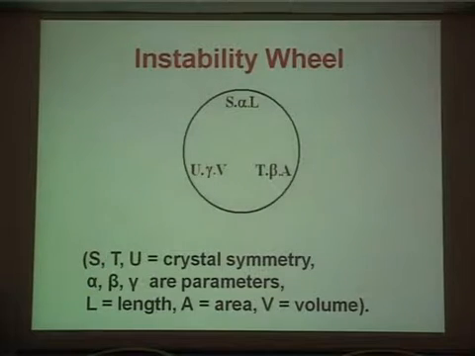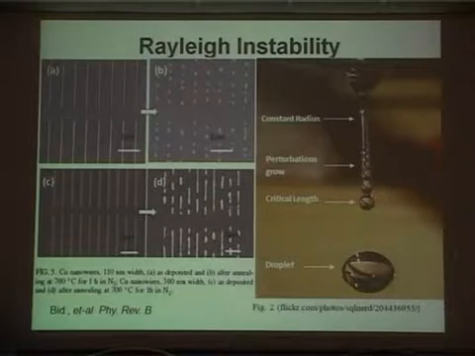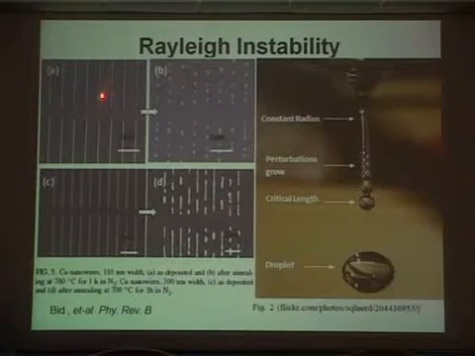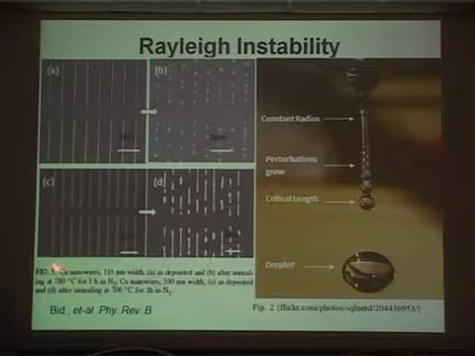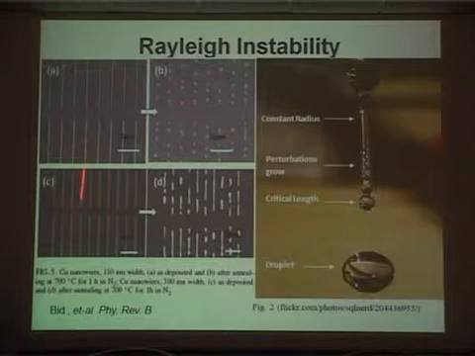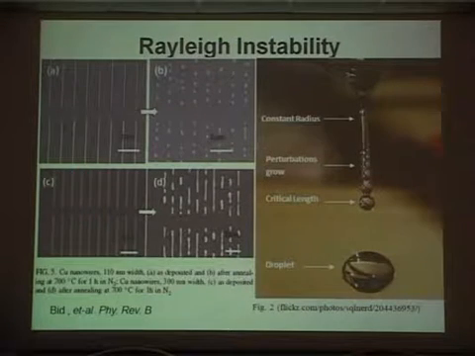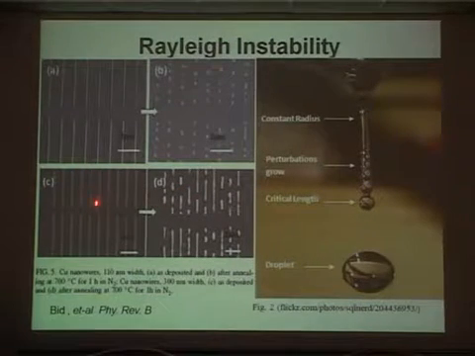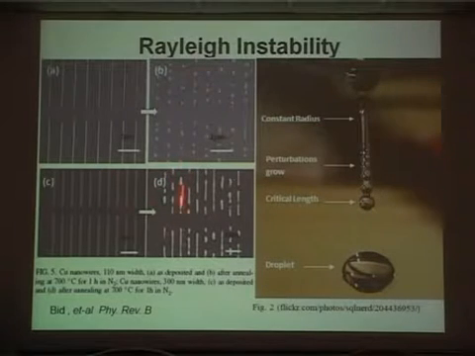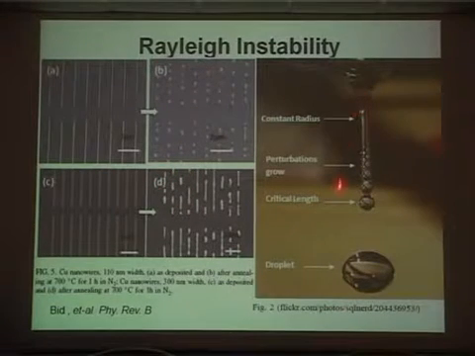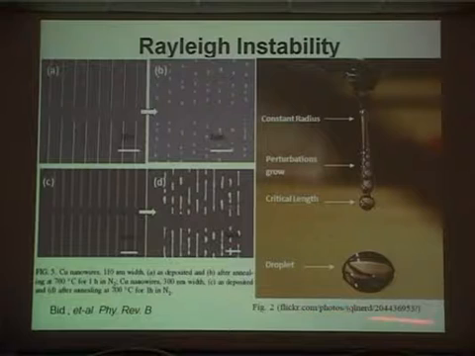The transformation from nanorods to nanoparticles was explained by Rayleigh long ago. It's explained by Rayleigh instability. There is some experimental work from IISc. They grew some copper nanowires and heated them to around 700 degrees centigrade, and the copper nanowire breaks into nanoparticles. This is another experiment, which I have taken from this website.